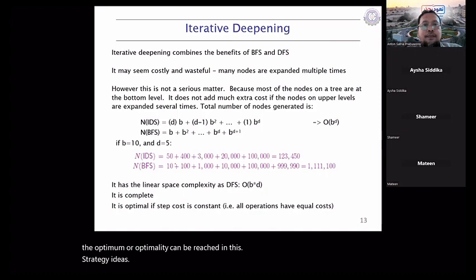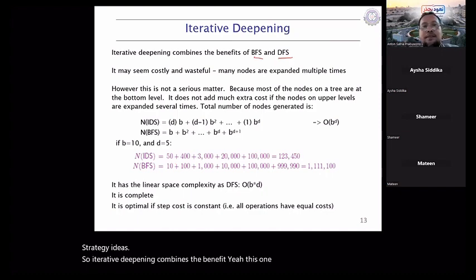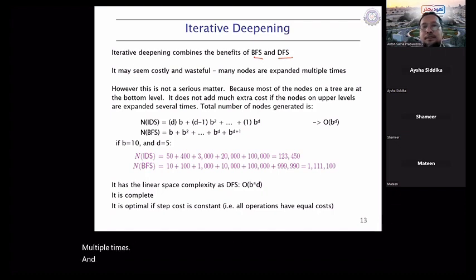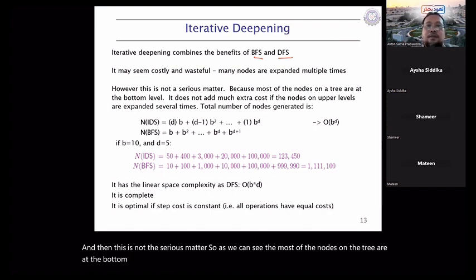So iterative deepening combines the benefits. It may seem costly and wasteful, since many nodes are expanded multiple times, but this is not a serious matter. Most of the nodes in a tree are at the bottom level, so it doesn't add much extra cost if the nodes on upper levels are expanded many times.